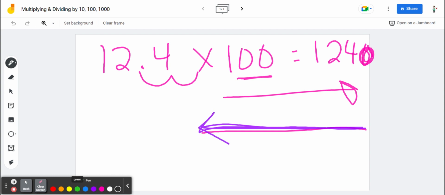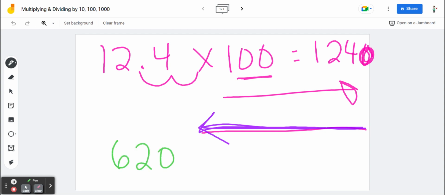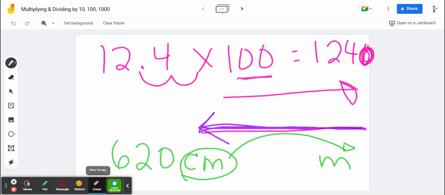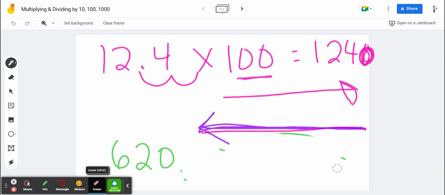So if I had 620, we'll say centimeters, and I want to know how many meters. So we're going from the smaller unit to the bigger. And I know that there's 100 centimeters in 1 meter, and we want to figure out how many meters. So I'm going to divide my 620 centimeters by 100.